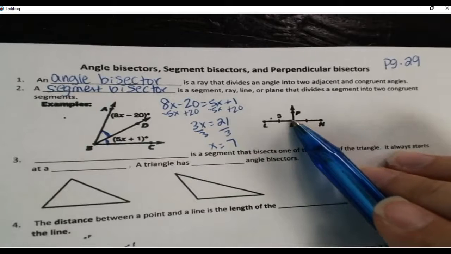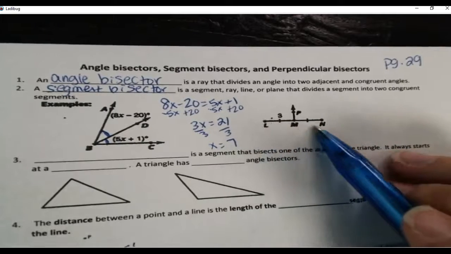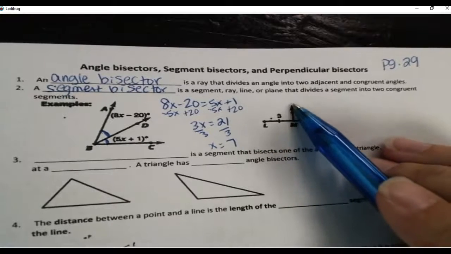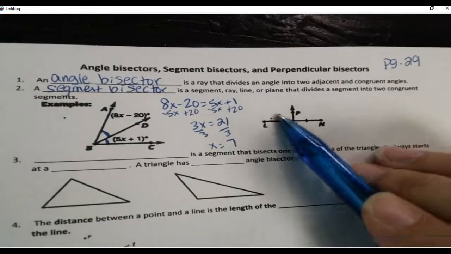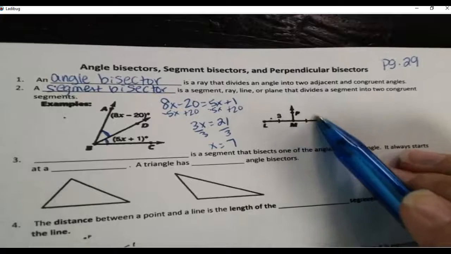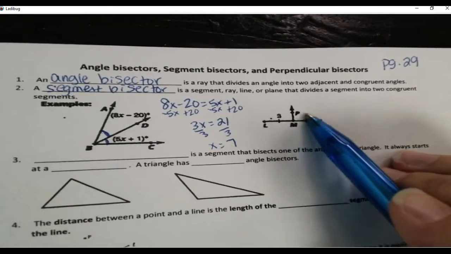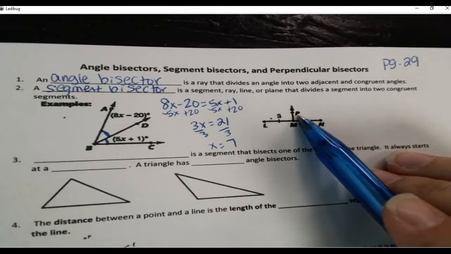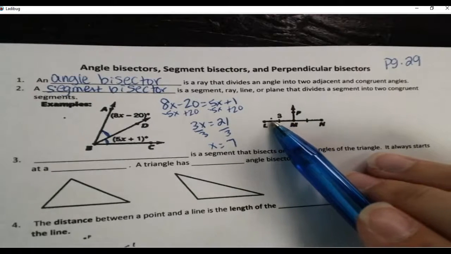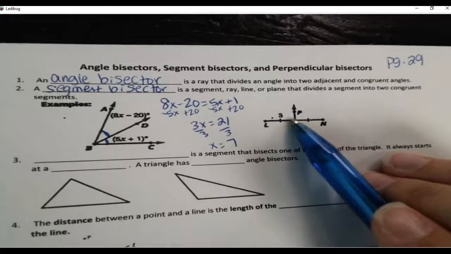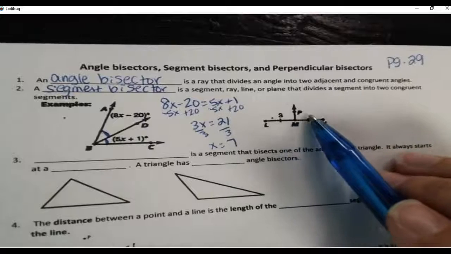So then on our next one, we have this segment LN. If MP is the bisector, if LM is 3, what is MN? If it's a bisector, it makes it two equal pieces.